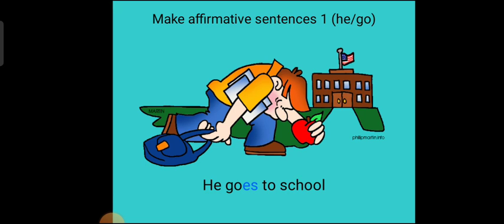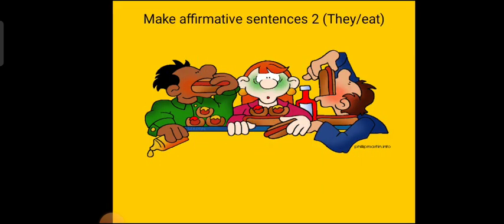Here the verb ends in o, so I will add es. Make an affirmative sentence: they eat. They eat a lot. Here I put the verb without adding anything because with they I don't add anything to the verb. I put the verb in the infinitive.